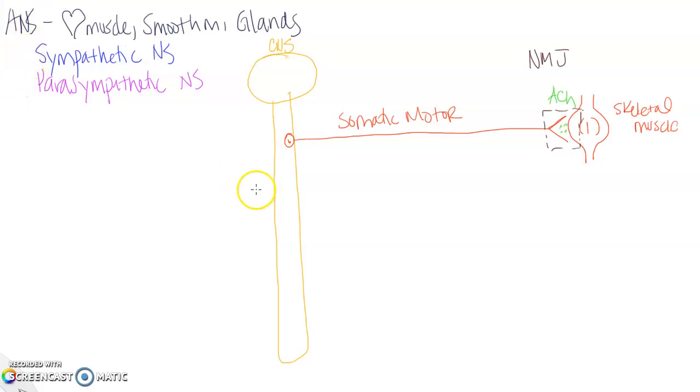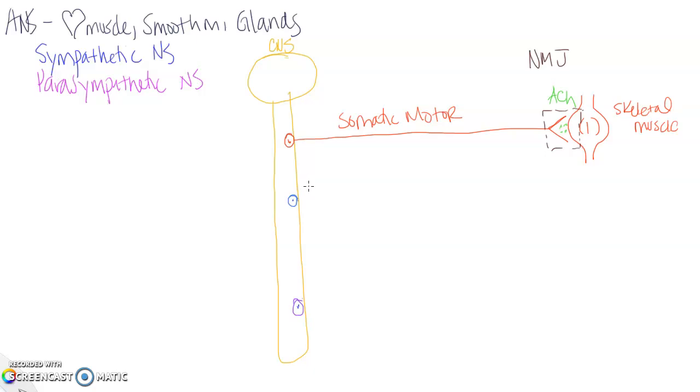So the autonomic nervous system, those neurons also start in the spinal cord. So we have sympathetic and parasympathetic. The neurons are a little bit different in that there's not one neuron that goes to the effector.